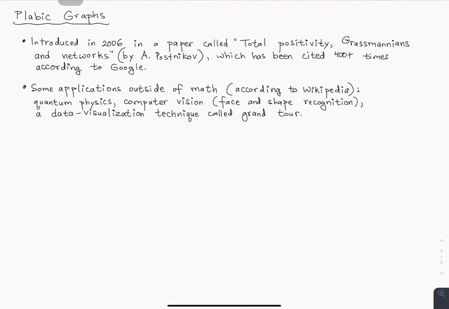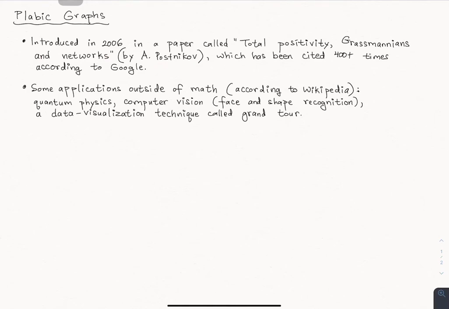So far, we have been talking about classical results. Today, we will talk about concepts that were introduced in this century, Plabic graphs. These were introduced in 2006 in a paper called Total Positivity, Grassmannians and Networks by Postnikov.